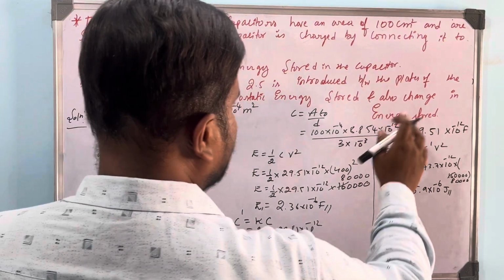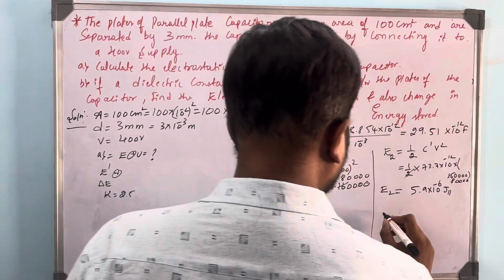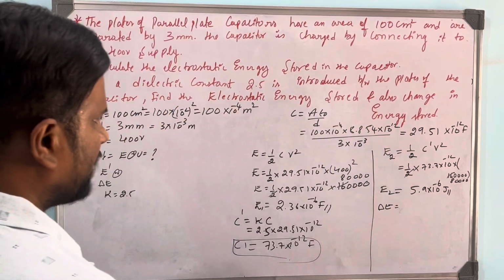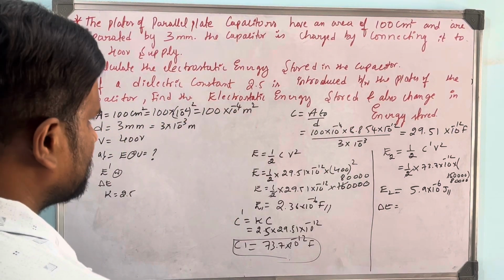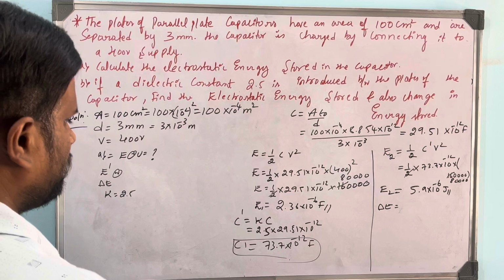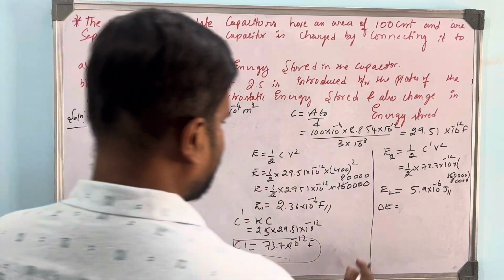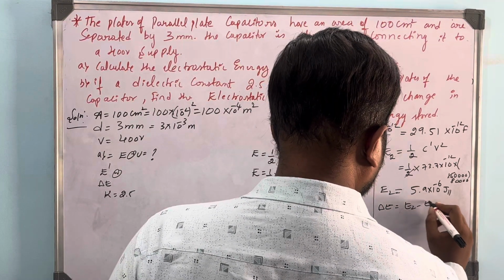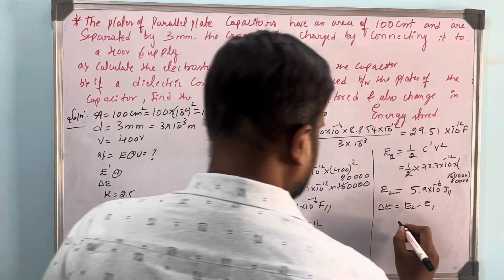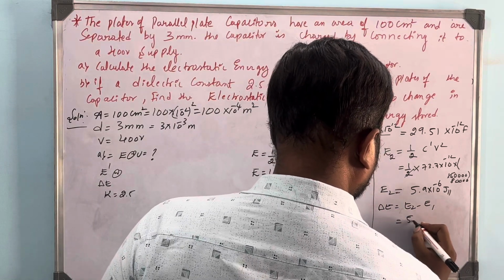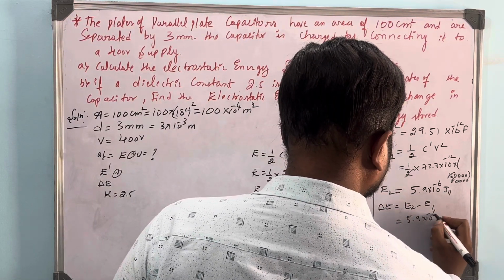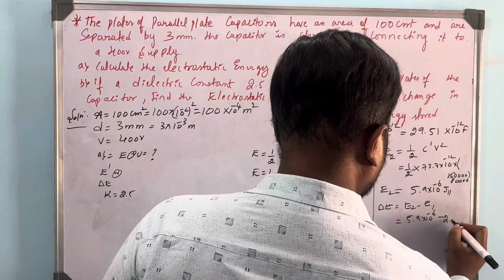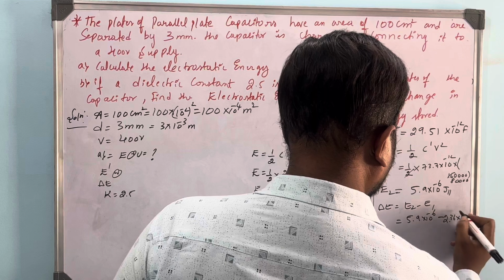Next, also the change in the energy stored. Change in the energy stored means I need to calculate delta E, which is E1 and E2 subtracted. I will write E2 minus E1, larger value minus smaller value. The larger value is 5.9 into 10 to the power of minus 6, minus the E1 value 2.36 into 10 to the power of minus 6.